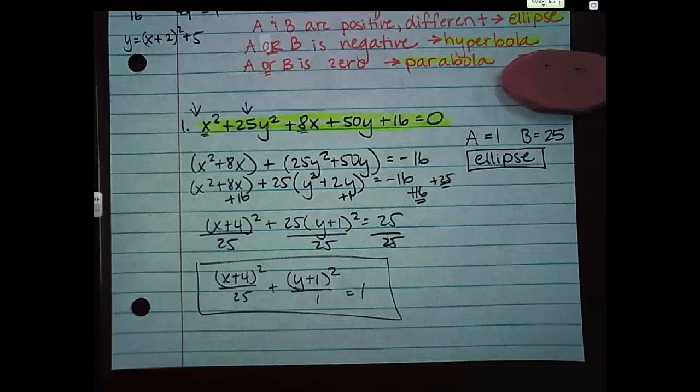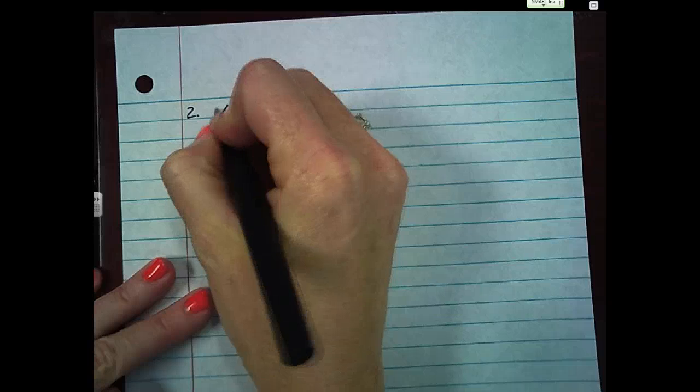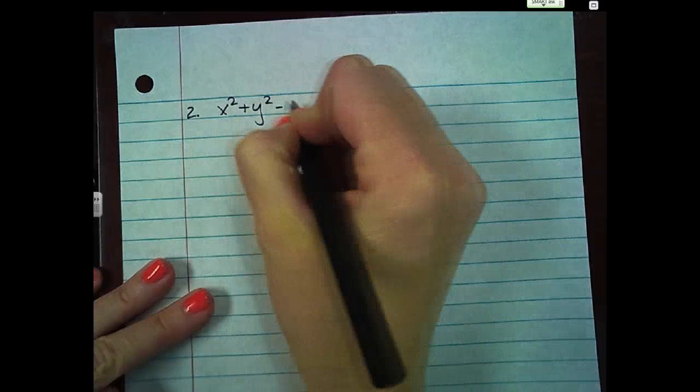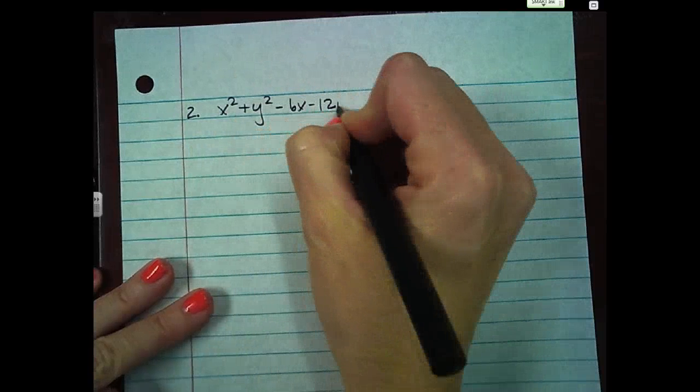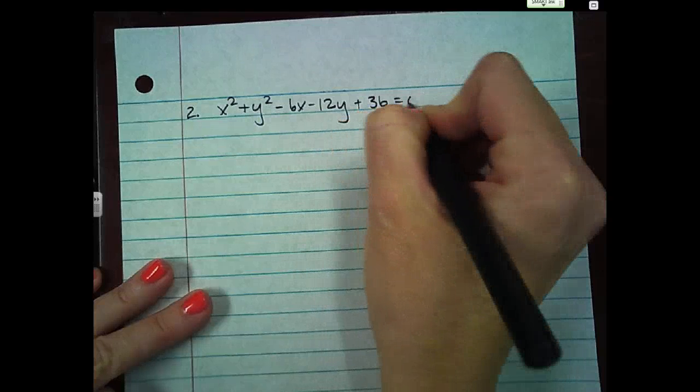Okay, let's do number 2. Alright, we've got x squared plus y squared minus 6x minus 12y plus 36 equals 0.